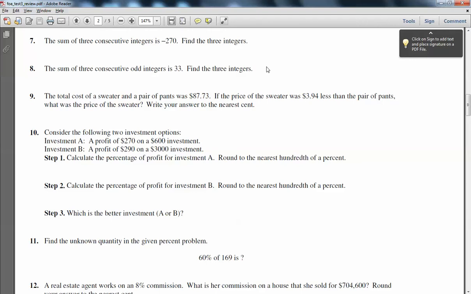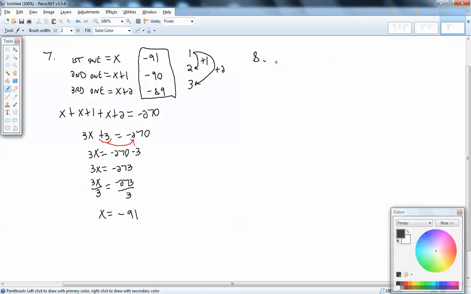Sum of 3 consecutive odd integers is 33. Okay, so we got our first odd, we got our second odd, and we got our third odd. Now this is going to be x. And let's think about what a consecutive odd integer means. That means like 3, 5, 7.